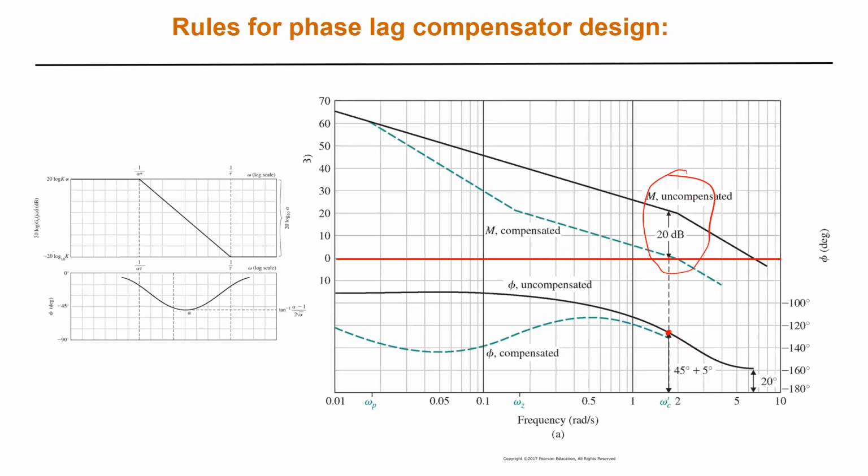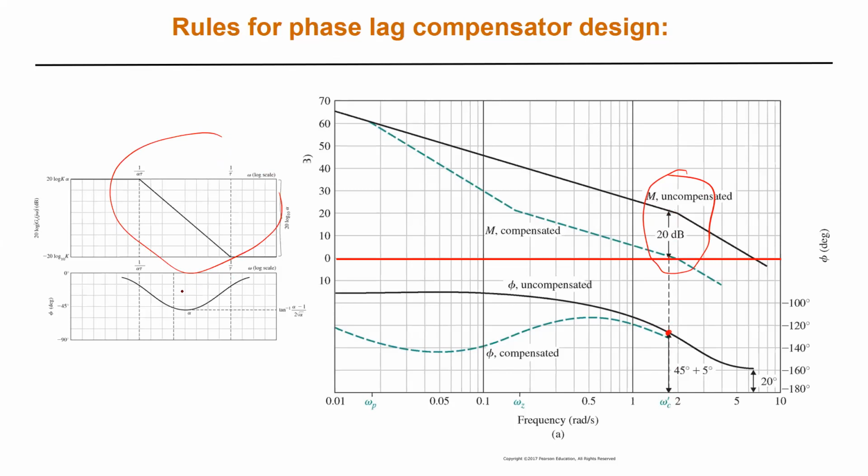Moreover, when I add my compensator here, I take minus 20 from this one. But if I add the compensator here, what will happen to the phase also?